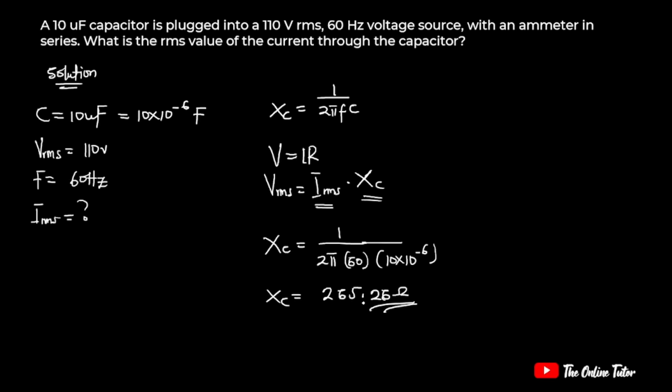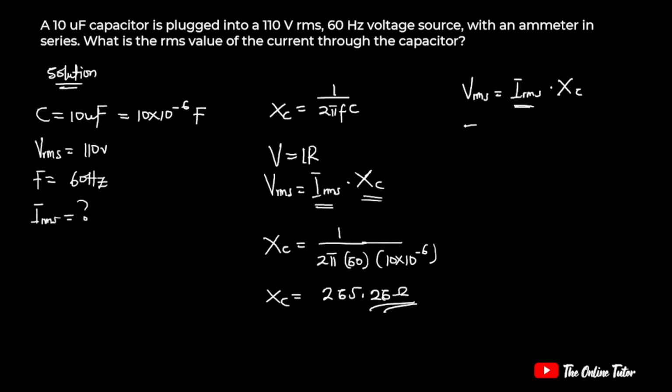Now that we have our capacitive resistance, we can do the substitution. Our root mean square voltage is equal to our root mean square current multiplied by the capacitive resistance.